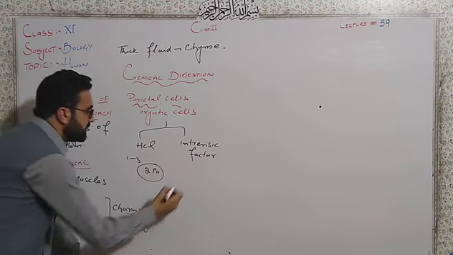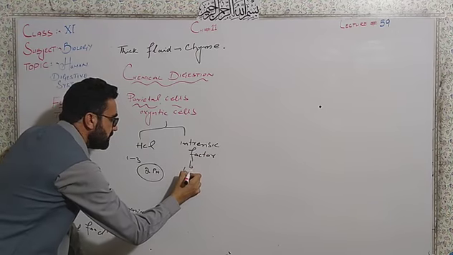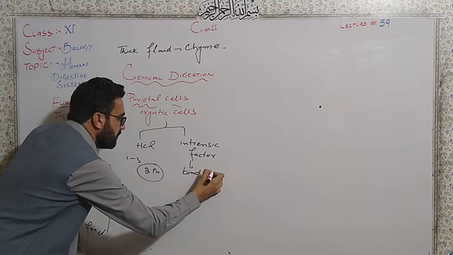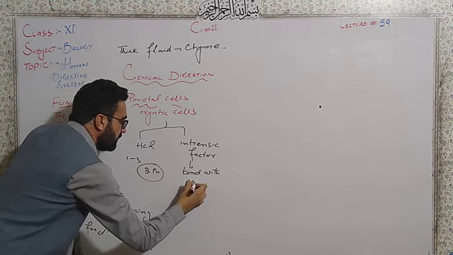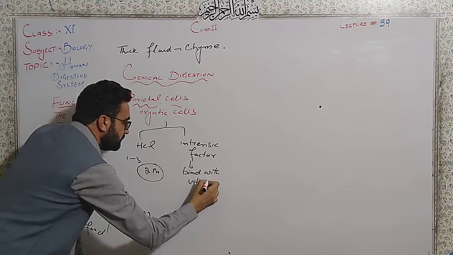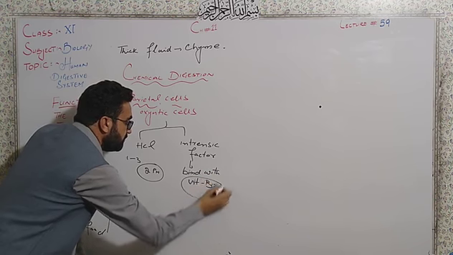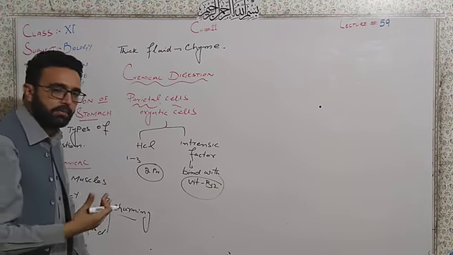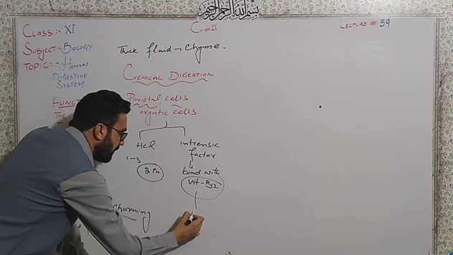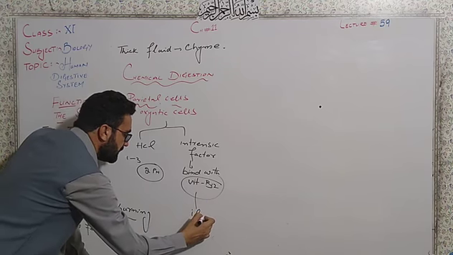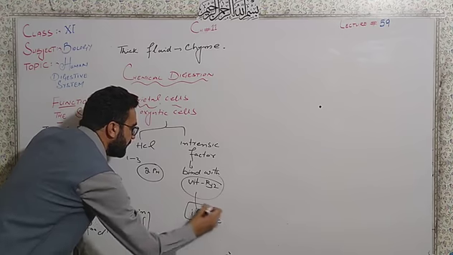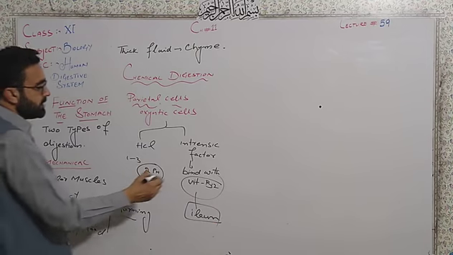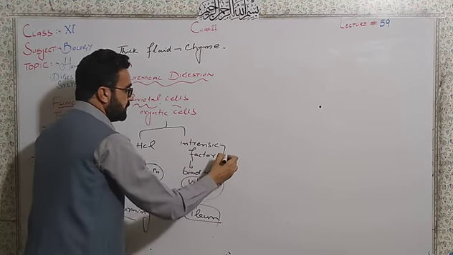The intrinsic factor actually binds with vitamin B12, so it makes it more absorbable in the ileum part of the small intestine. Intrinsic factor is a glycoprotein.